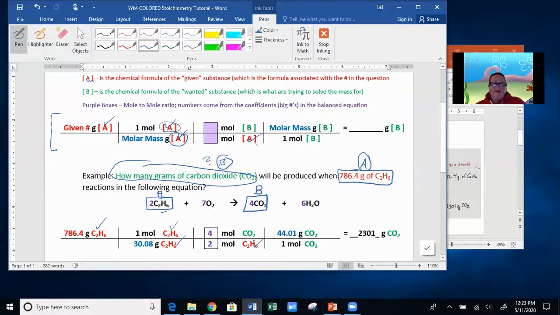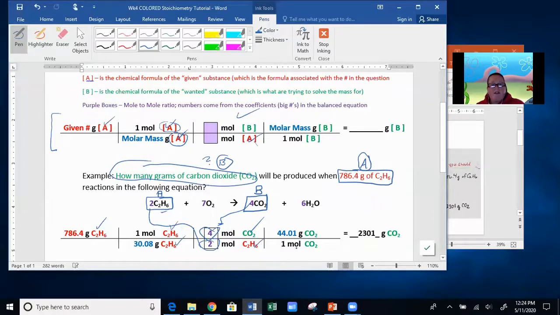So I have my A on the bottom, I've got my B on the top. There's a 2 in front of this C2H6, and there's a 4 in front of the CO2. So for every 2 moles of C2H6 on the bottom, there are 4 moles of carbon dioxide. So I've taken care of my mole-to-mole ratio.